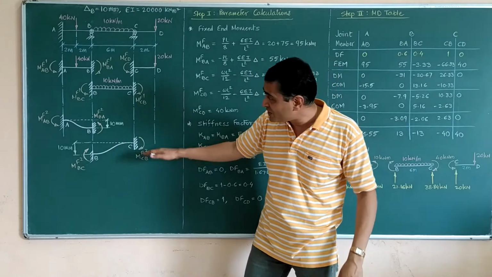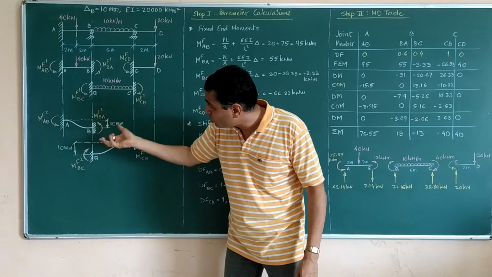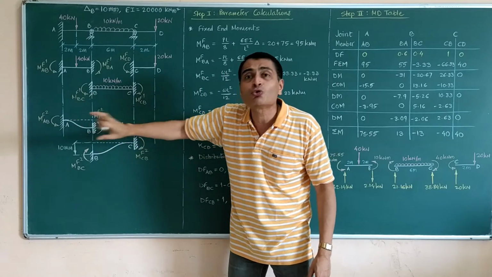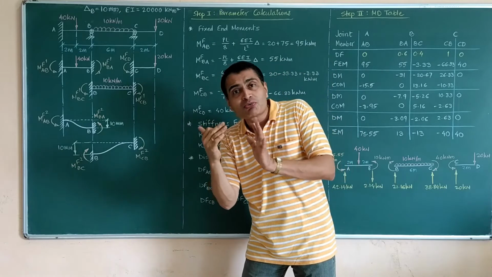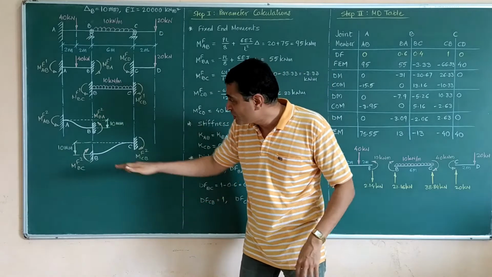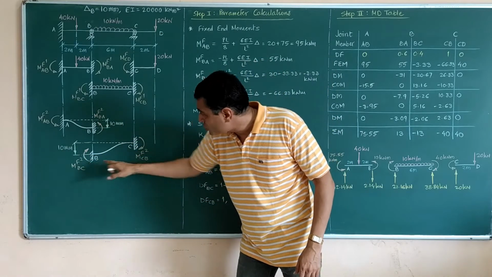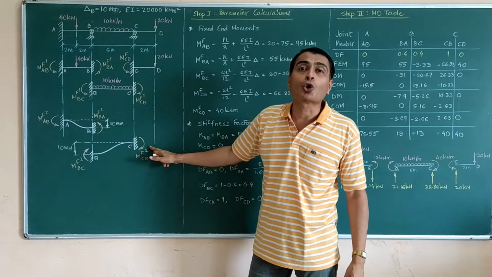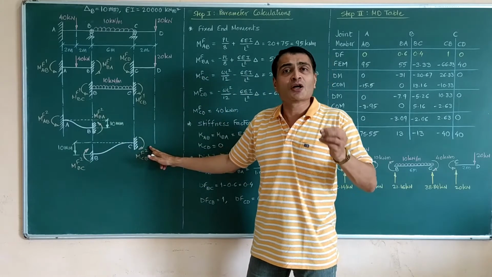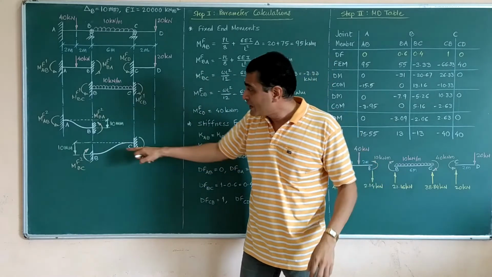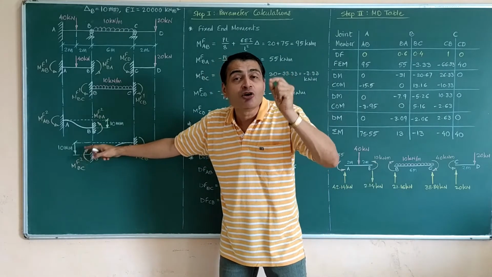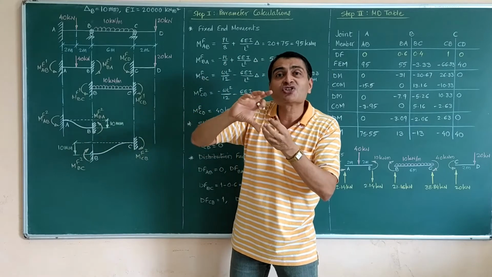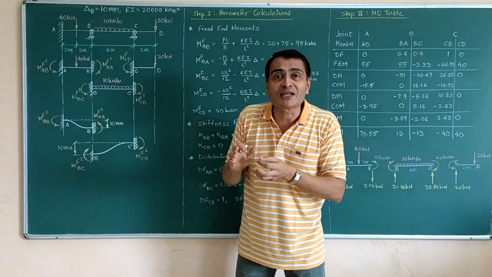And understand please, when this support goes down, these two moments have to be anti-clockwise. Whereas when I think of BC portion, when B goes down, these two moments have to be clockwise. So as a thumb rule, always remember that your moment arrowhead will always be towards the concavity of the deflection.